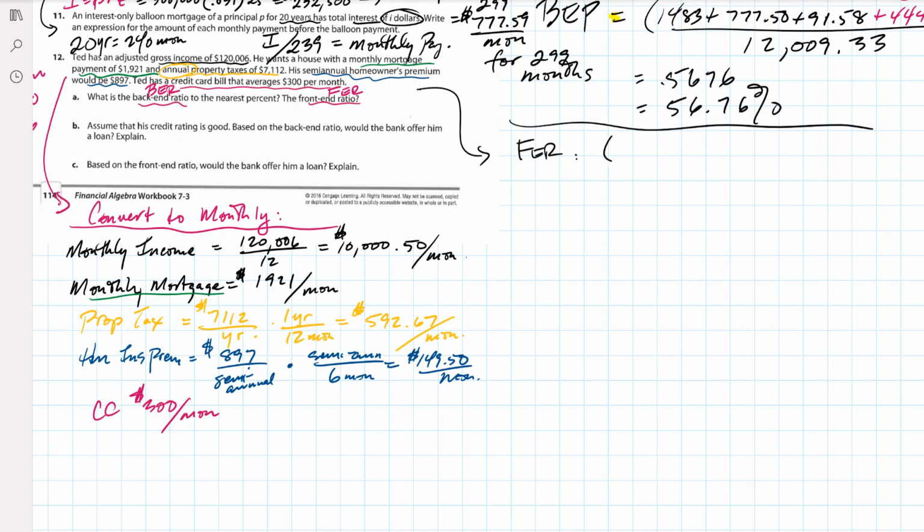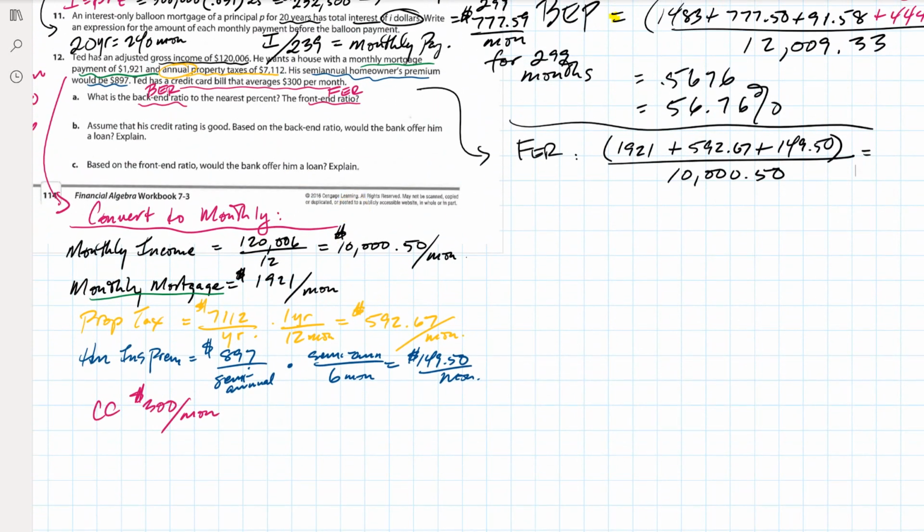So the mortgage, $1,921, plus the property tax, $592.67, plus the home insurance premium, which is $149.50. Everything home related, divided by your gross monthly income, which is $10,000.50. And this will give you the front end ratio.